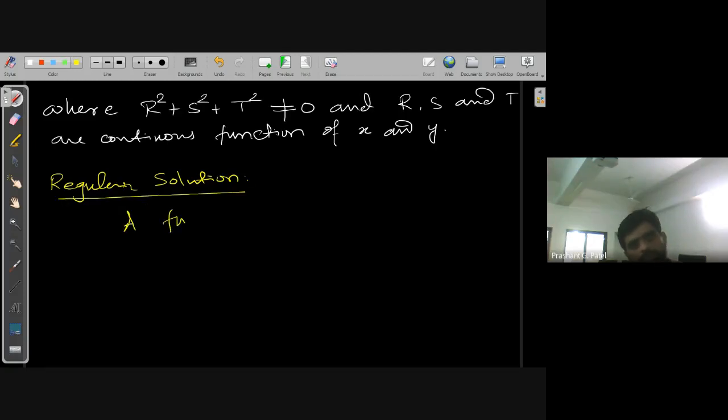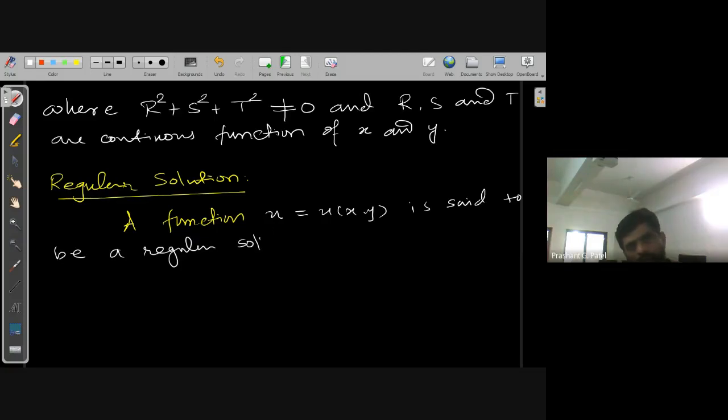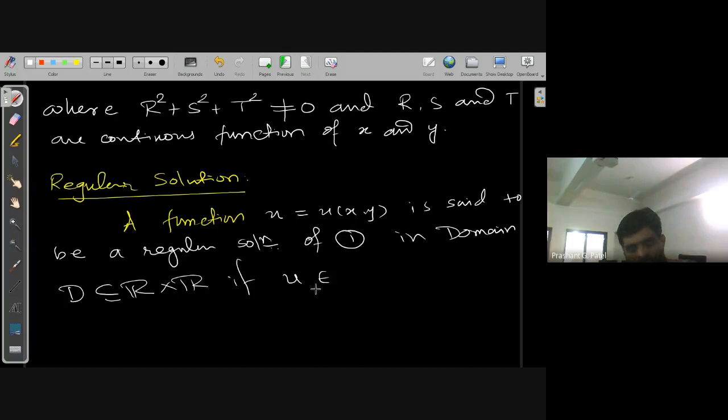A function u of x,y is said to be a regular solution of equation 1 in the domain D, which is a subset of R cross R, or I can say R square, if this u belongs to C square D, that is, a second order continuously differentiable function on D.